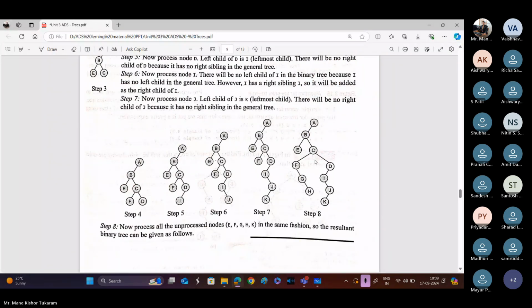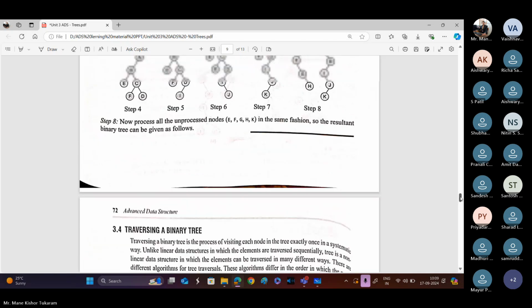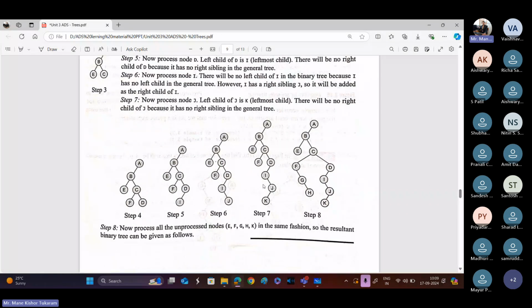Now, process all unprocessed nodes in the same fashion so that the particular graph is shown. Okay. So which are the nodes which are unavailable? Okay, so which node is remaining now? We are just processing this much.